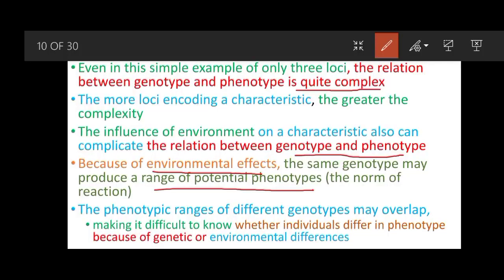The phenotypic ranges of different genotypes may overlap, and then it makes it difficult to know whether the individuals differ in phenotype because of genetic or environmental differences. So when it is not clear, then phenotypes may overlap.